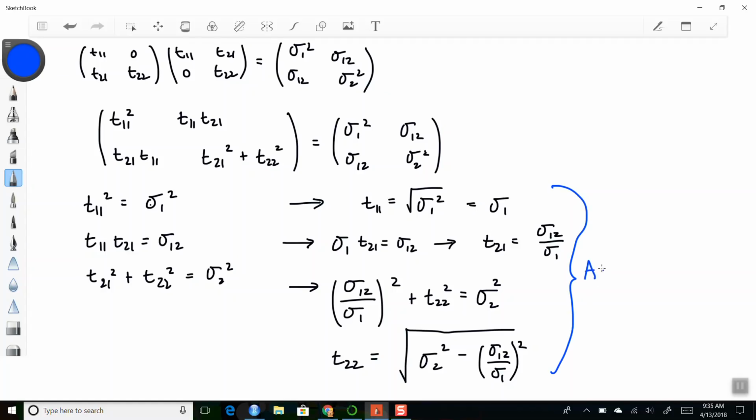So now we can define our matrix A as being sigma 1, 0, and then sigma 1,2 over sigma 1, and then sigma 2 squared minus sigma 1,2 over sigma 1 quantity squared, under a square root. Okay, sorry, I know that doesn't fit on the projection, but I'm just plugging in the values T11, T21, and T22 into our triangular matrix A. A A transpose is equal to that.